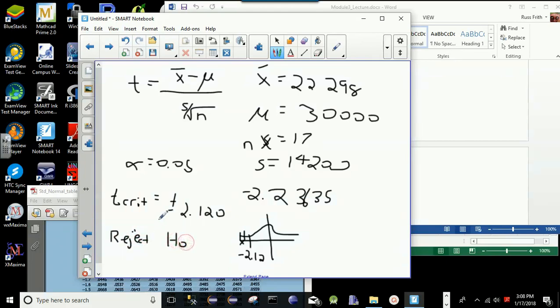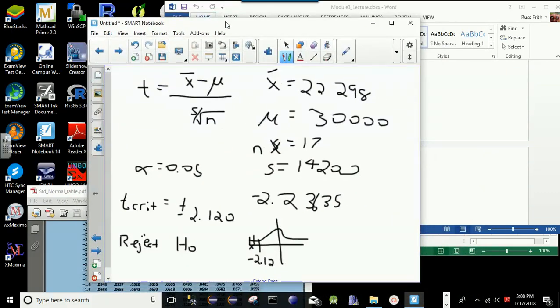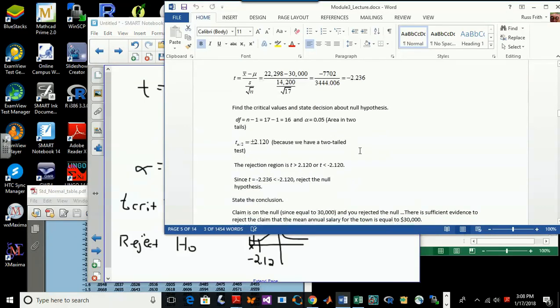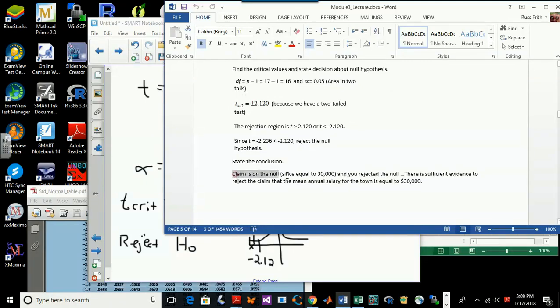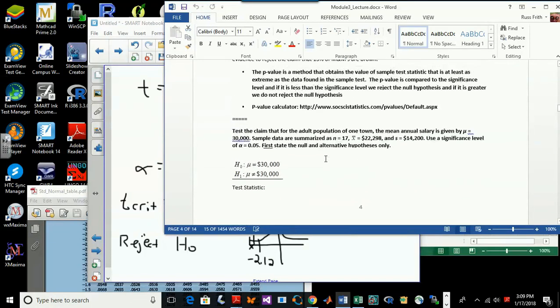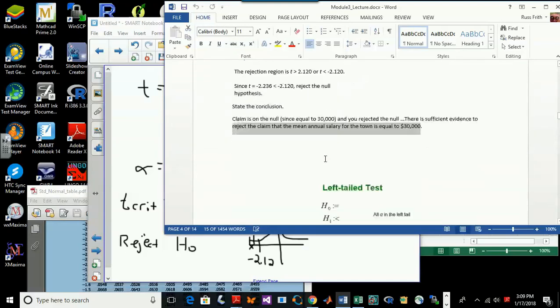There is sufficient evidence to reject the null hypothesis and support the alternative hypothesis, which says that the mean salary in the village is not $30,000. That's the non-technical conclusion. The claim is on the null, and you reject the null, so there's sufficient evidence to reject the claim that the mean salary is $30,000. So that was a critical value application of a two-tailed test.